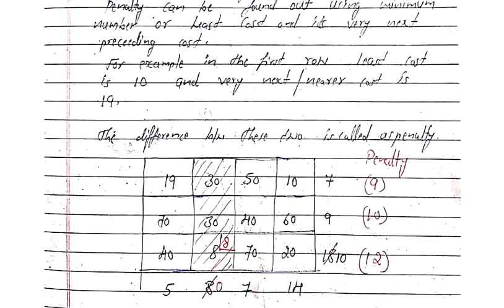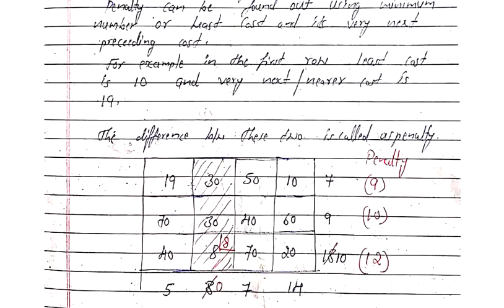In a similar way, we have to find the penalty in all the rows and all the columns. That is the first step in solving the transportation problem using Vogel's approximation method. So let us find the penalties. In the first row the lowest cost is 10, and the very next cost is 19.